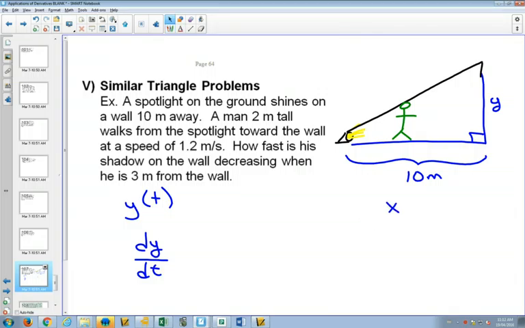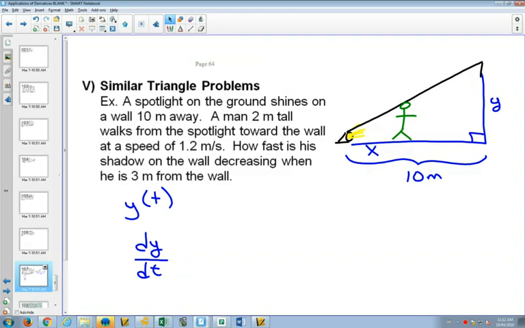We can decide to put x here to represent the distance that he's away from the wall, or we can decide to put x here to represent the distance that he's away from the spotlight. Both of them will give us the right answer in the end, but they will change how we set up our question.